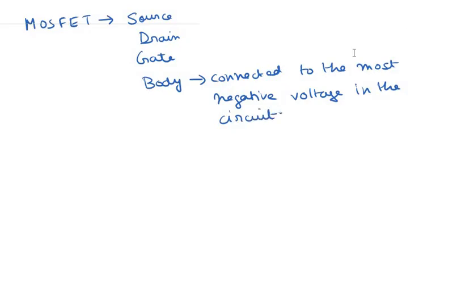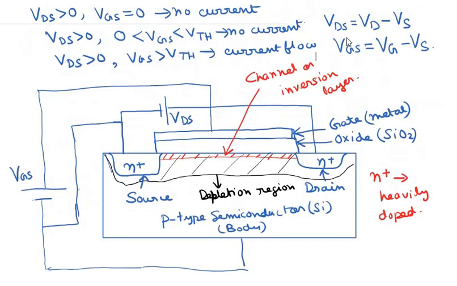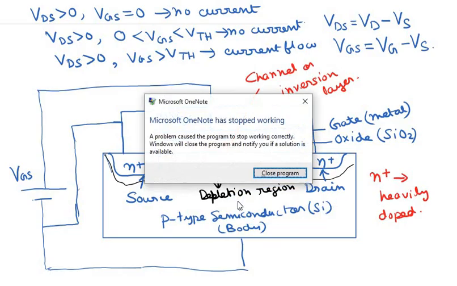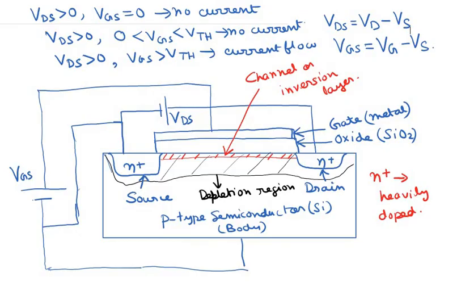This is to ensure that this N plus region and this p-type body are not forward biased. That is why the body is connected to the lowest voltage in the circuit.